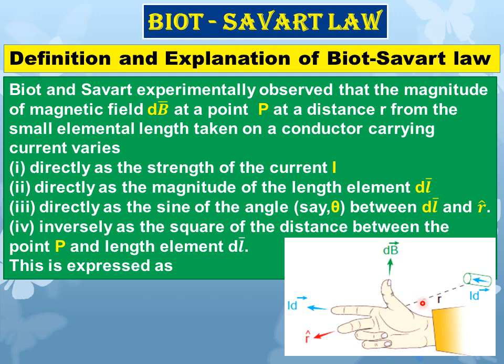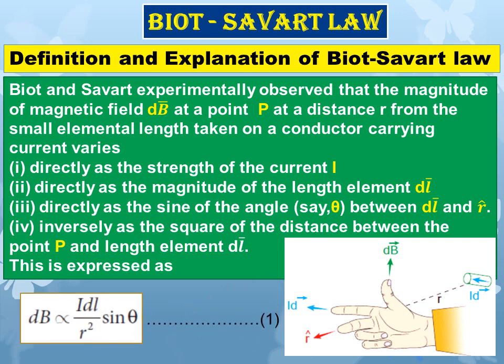Here you can see the angle produced. Then it is also inversely proportional to the square of the distance between the point P and the length element dl. Now, according to the law, there is an expression.